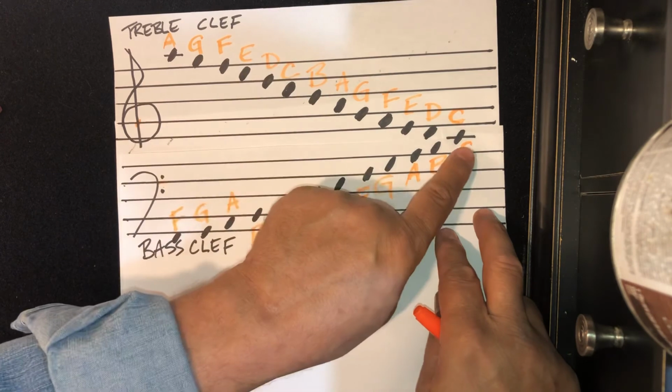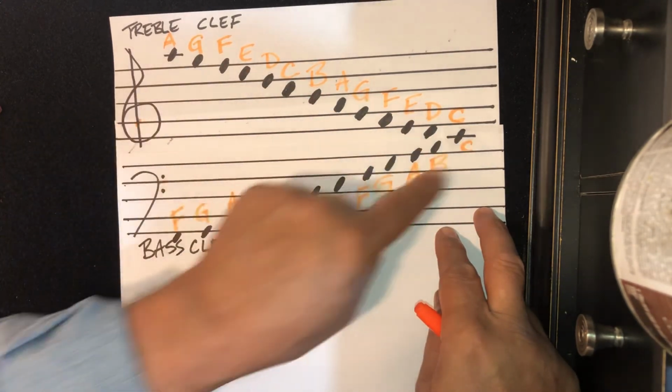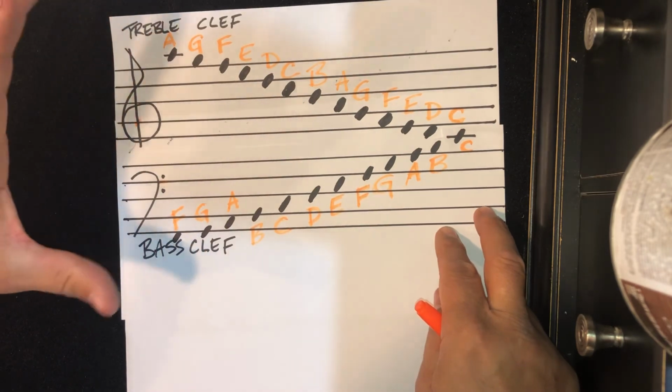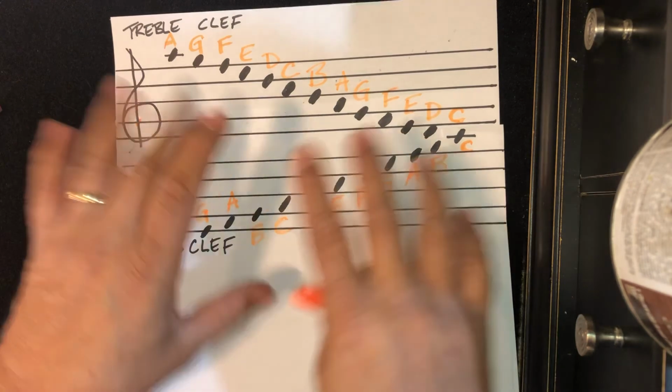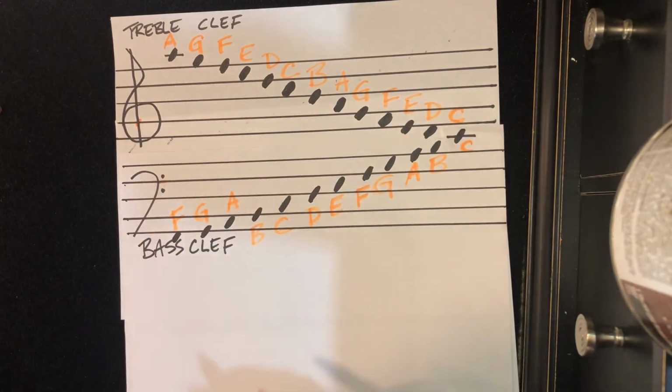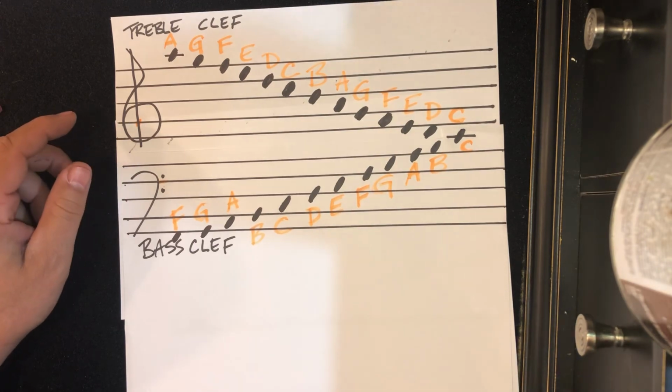Above middle C in bass clef is D. So these two clefs, treble and bass, when you combine them together, are called the grand staff. This is what piano players will look at when they play piano. But this is the basic gist of note names. Hope this helps.